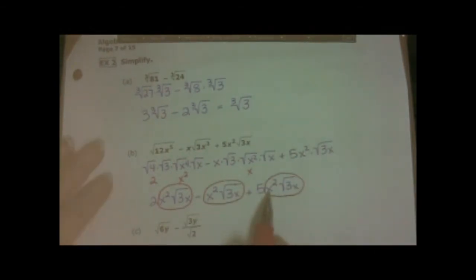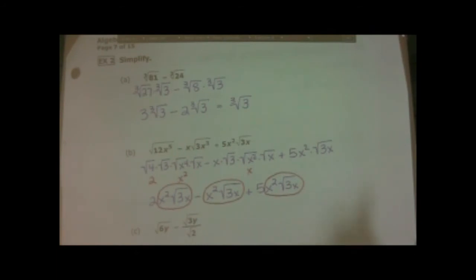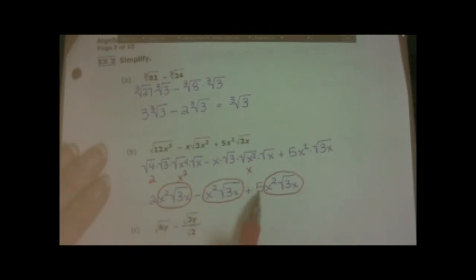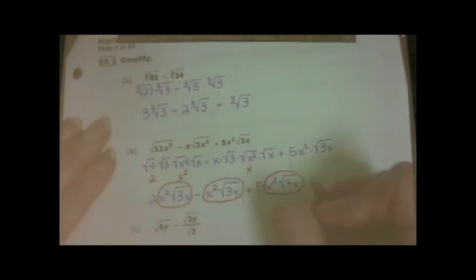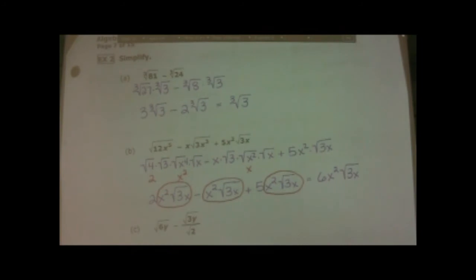If this part in front, the x squared, isn't the same, they cannot be combined. It's part of the like term. So I've got two of them. Minus 1 gives me 1. Plus 5 gives me 6. So in the end, I have 6x squared square root of 3x.